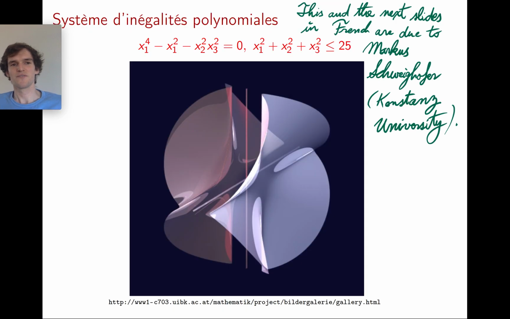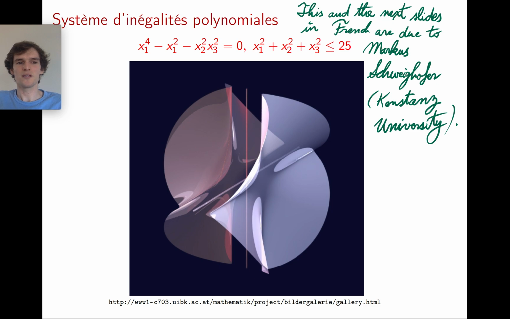And so for that, I'm going to borrow some slides, and I thank Marcus for allowing me to do so. Marcus Schweighofer, who's a professor at Constance University, and I think there is really no better introduction to the topic. I wouldn't be able to do a better one myself, so I figured I'd just show you this.